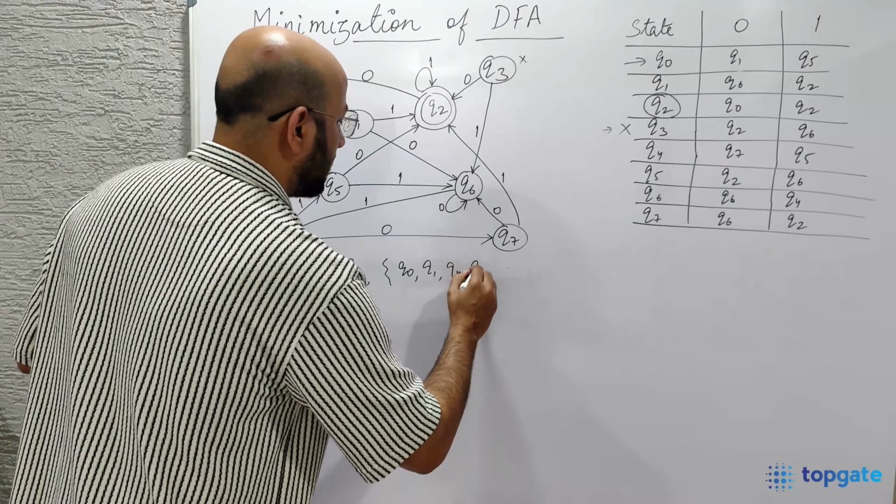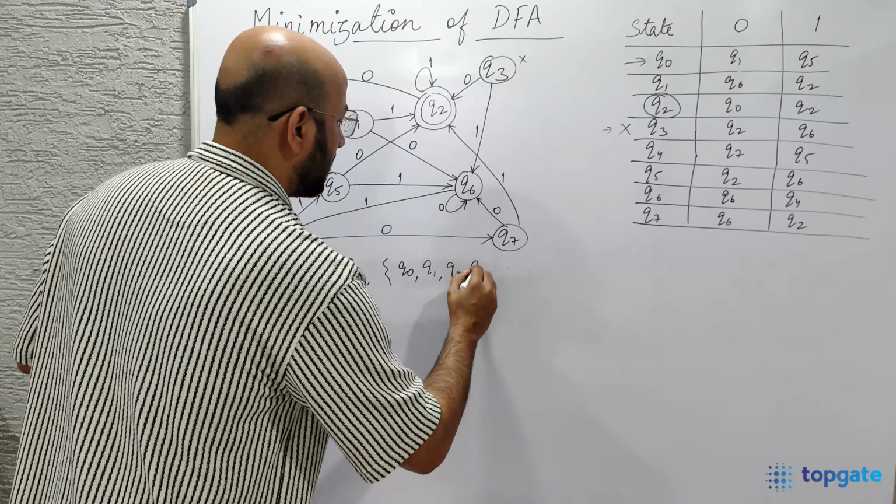Now set number 1 has only one single element, so I don't have to do anything with it, so I'll keep it as it is. And set number 2, you can see that it has 6 states. Now this set 2 has to be partitioned. How will I partition it? I'll make a table for set 2.